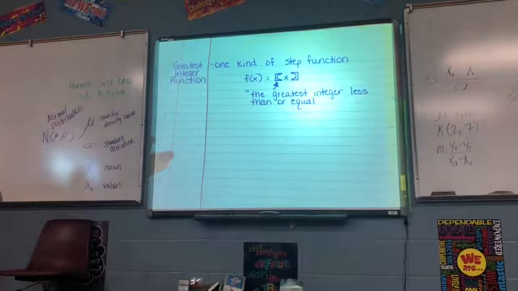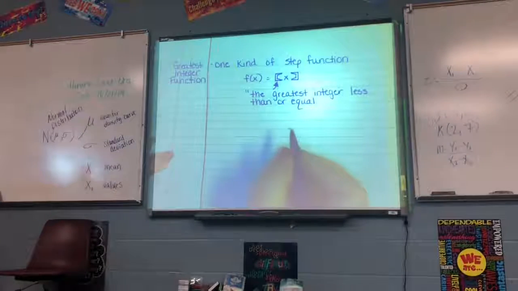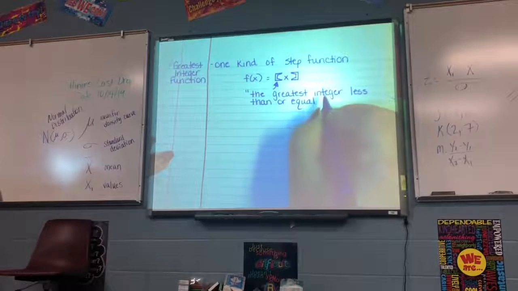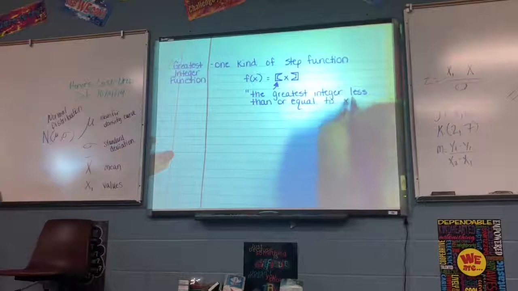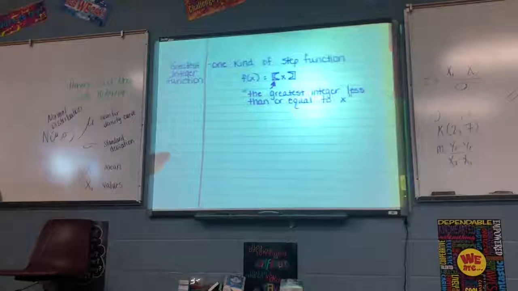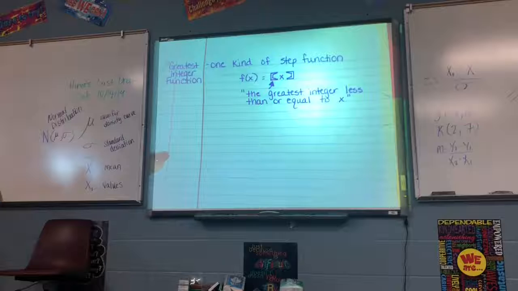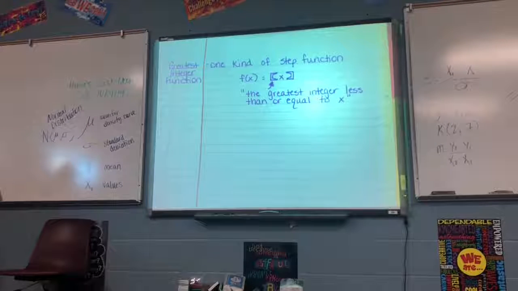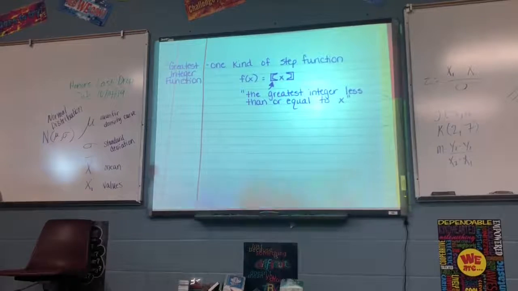It looks like two together is what it looks like in writing. Looks like two are connected together. They're very hard to draw. So greatest integer less than or equal to x.